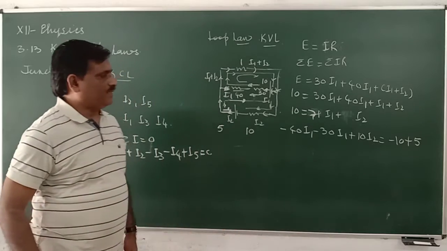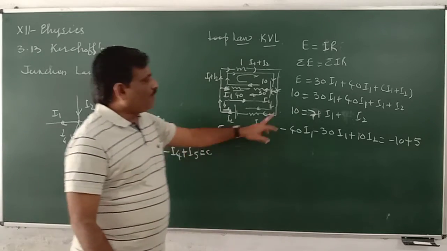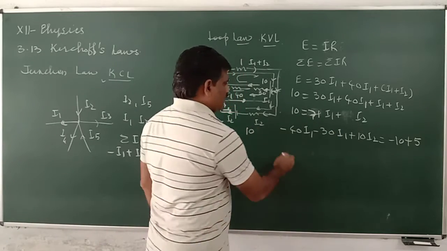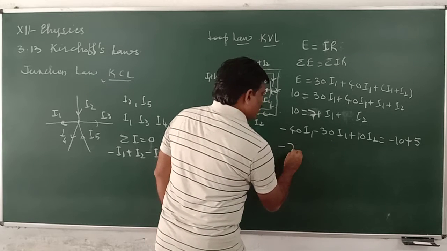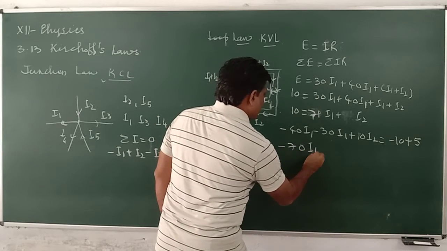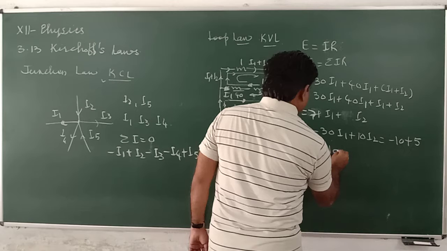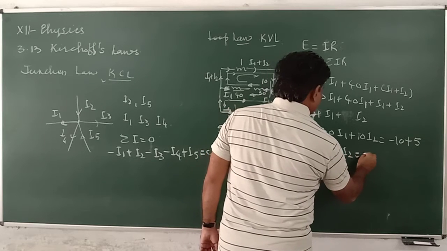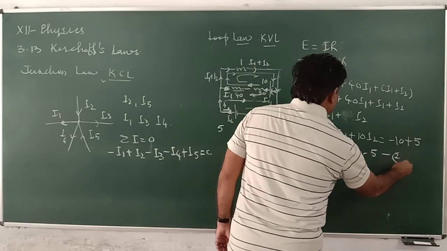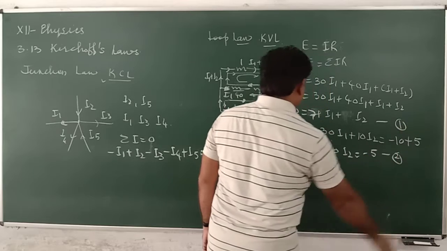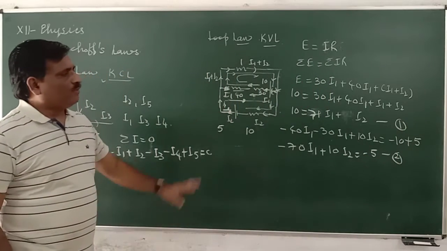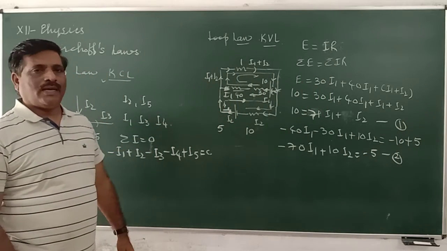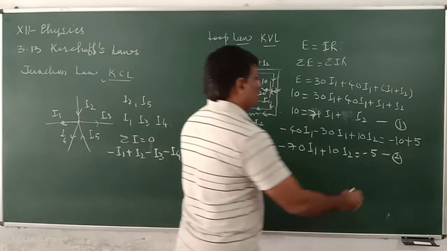This is the second equation. I1 and I2 are the two variables. You can see this one: minus 70 I1 plus 10 I2 is equal to minus 5. This is equation number 2, and the other is equation number 1. If you take both equations, you can solve and find I1 and I2.